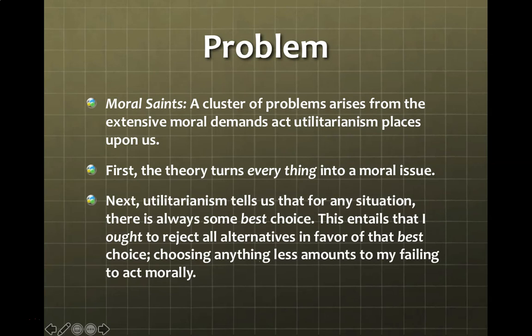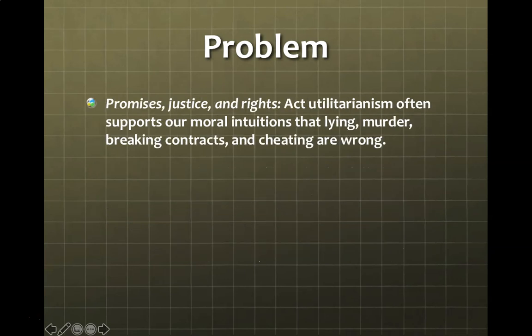Next, utilitarianism tells us that for any situation, there's always some best choice. This entails that I ought to reject all alternatives in favor of that best choice. Choosing anything less amounts to my failing to act morally. Another problem has to do with promises, justice, and rights.